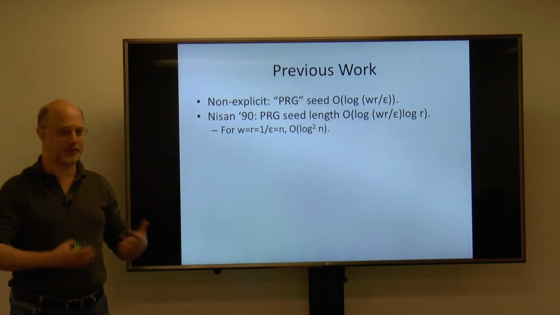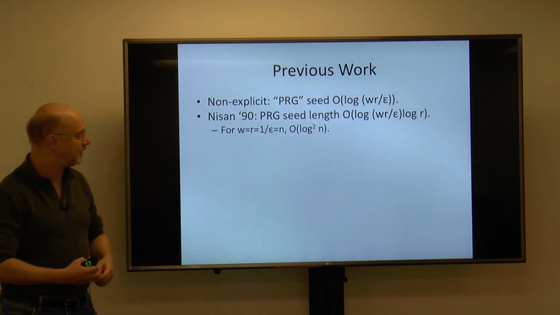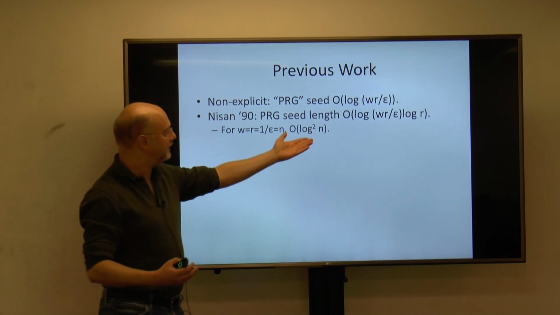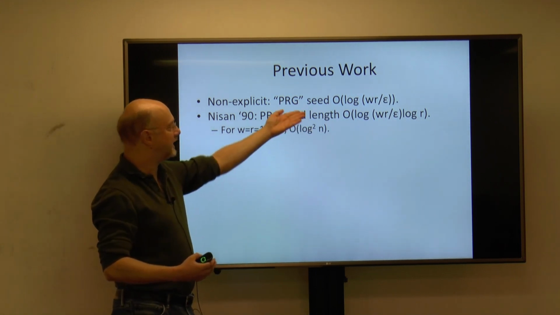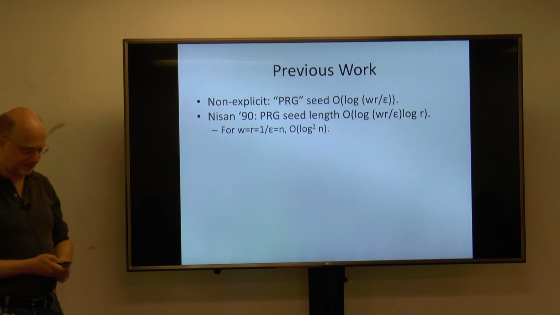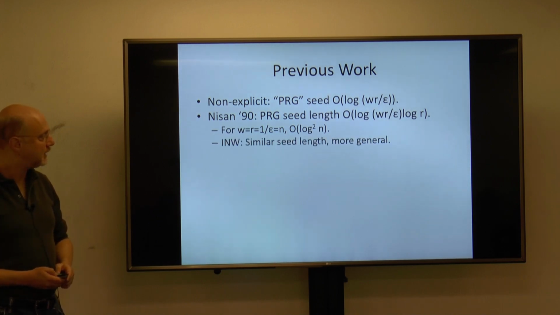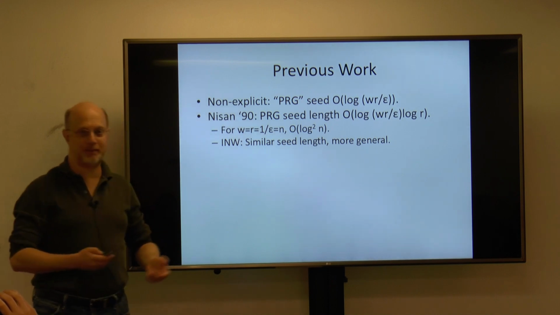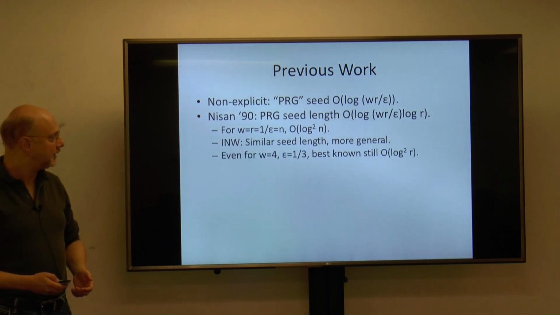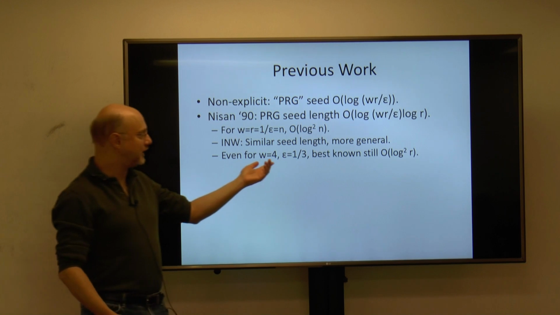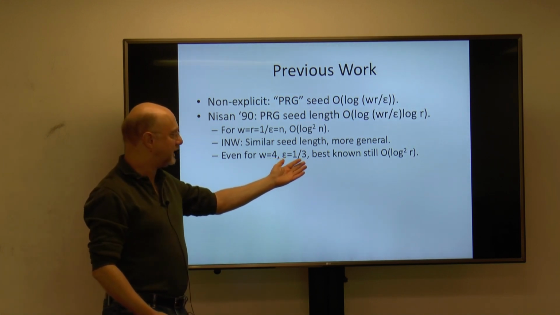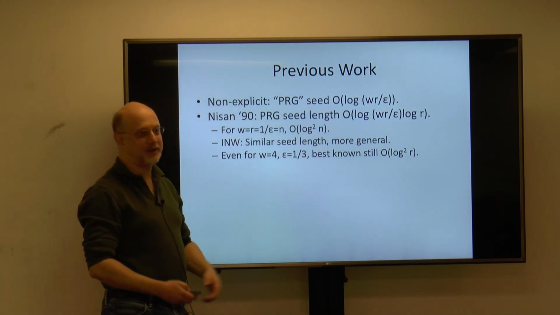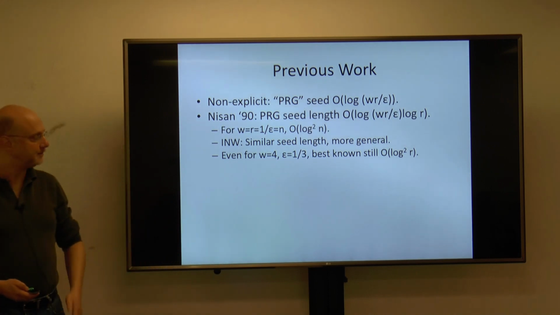So the whole game here is, really, we'd like to make this log squared n equal to log n. Impagliazzo, Nisan, and Wigderson gave a similar seed length in a more general setting. And actually, even for width 4 and constant epsilon, the best known is still log squared.